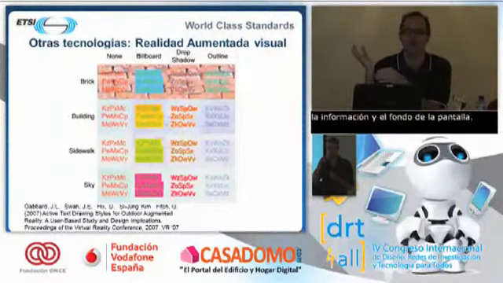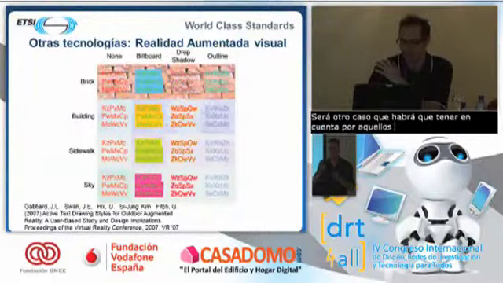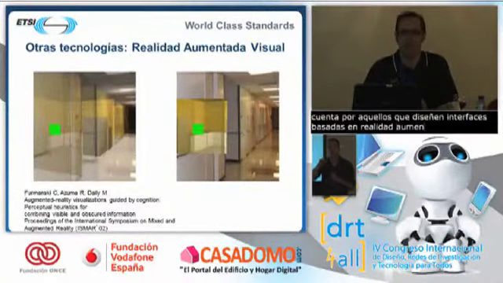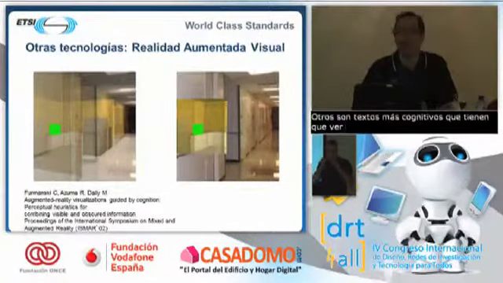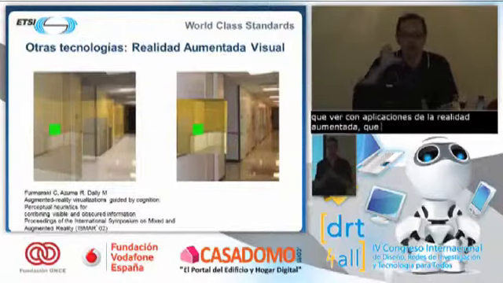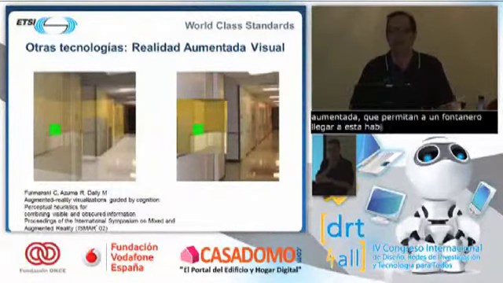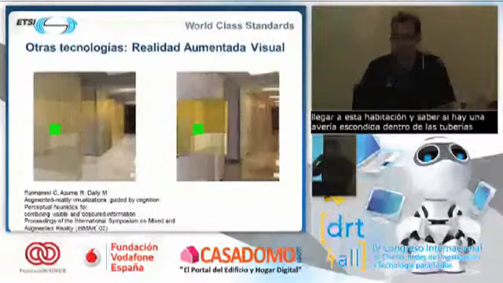So this is something that needs to be taken into account when we are designing interfaces based on enhanced realities. Here we've got more cognitive elements, for example, ones that allow a plumber to find a hidden problem in the tubes that run around the room.